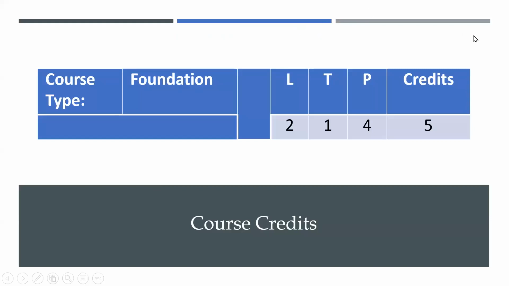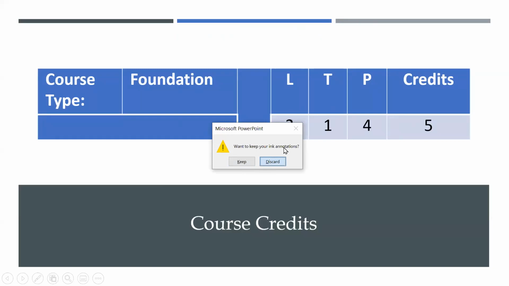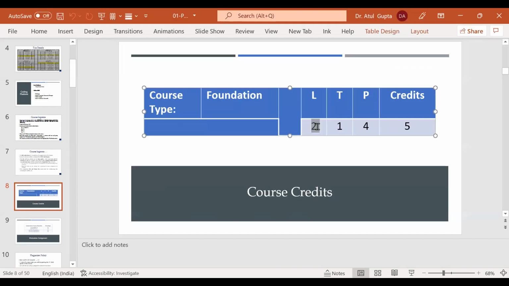This course is a 3-credit course, as I understand. So this needs to be corrected. It's 3 credits, not 5 credits, and we have 2 lecture hours. This is old data. We have no tutorial here, but we can have some tutorial if you wish.